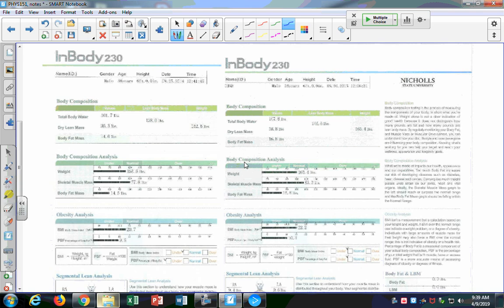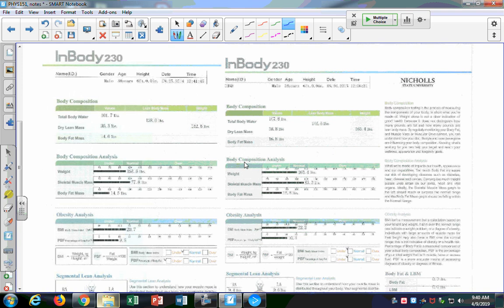In between those two times, I started lifting weights. So this looks like 182, it's actually 152 right here.